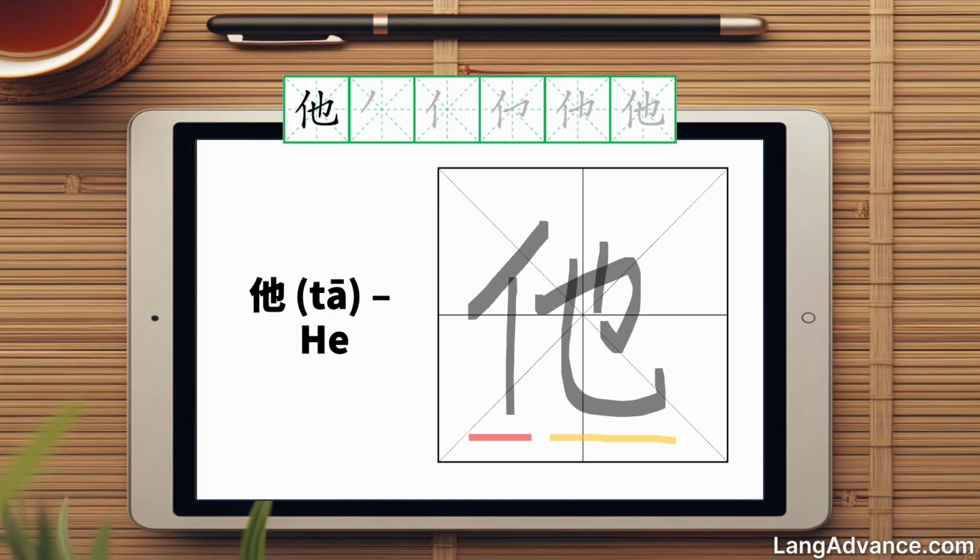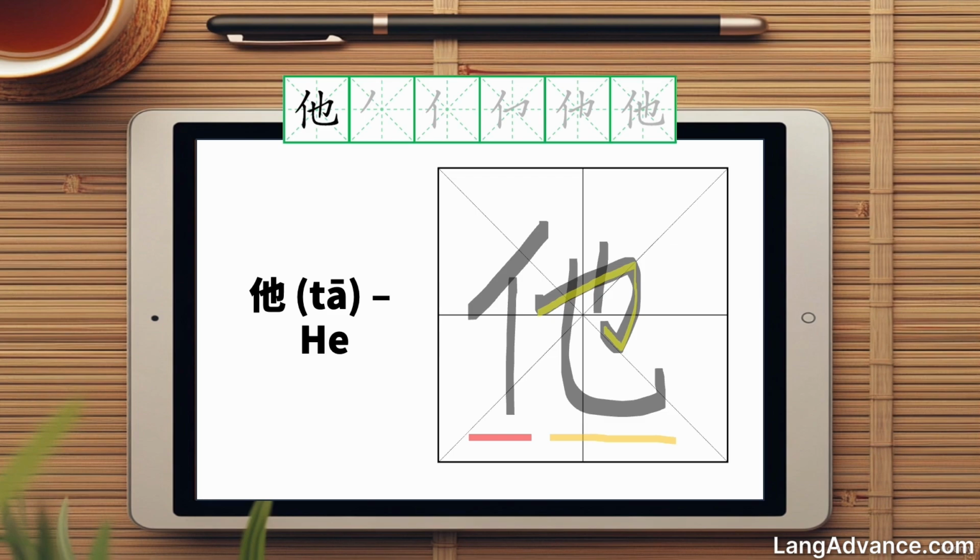Now, let's look at this stroke here. In your mind, just picture it, it's more or less in the middle of the box. You go slightly up and then you drag it down and you finish it with a hook. Awesome.